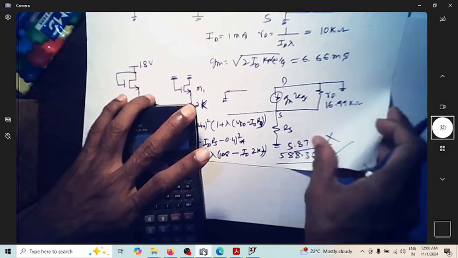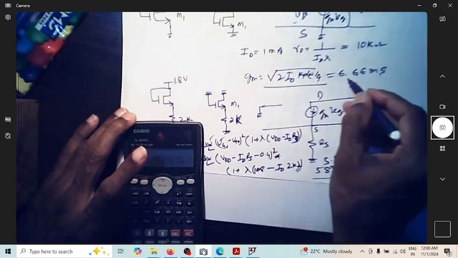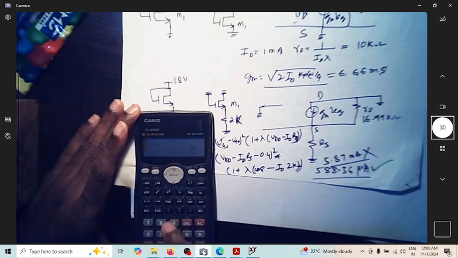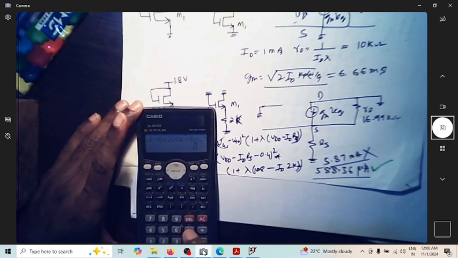What is GM? GM is again under root of, you can use the same equation, but the values will differ. So it is under root of, open the parenthesis, 2 into 588.36 exponential minus 6 into 2 ID into Kp, which is 200 exponential minus 6, into W by L, which is 20 by 0.18.